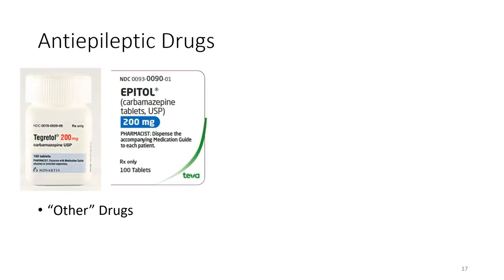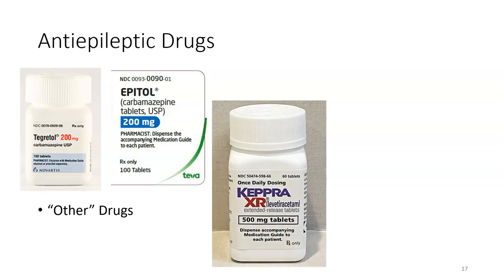Other drugs, the ones on your drug list, include carbamazepine, which is known by the brand names of Tegretol or Epitol, levetiracetam, which almost everybody mispronounces. It's kind of a hard one. Even pharmacists had trouble with that for a very long time, but it's levetiracetam, and that's known by the brand name of Keppra. Here we have an extended release formulation, Keppra XR.